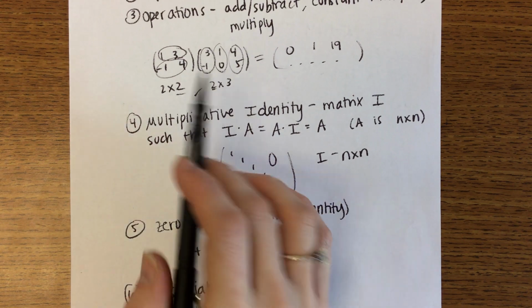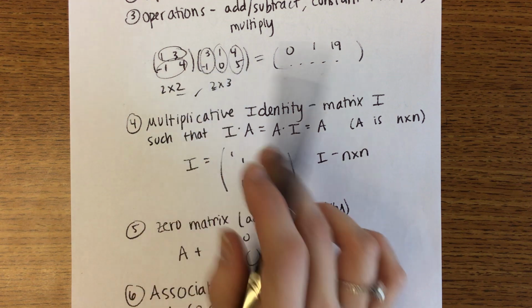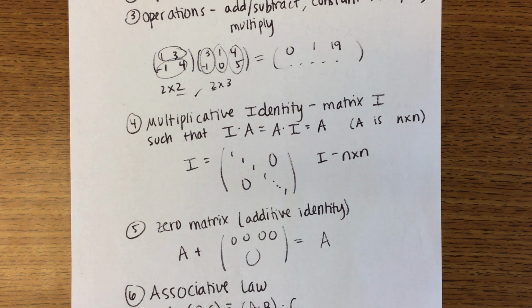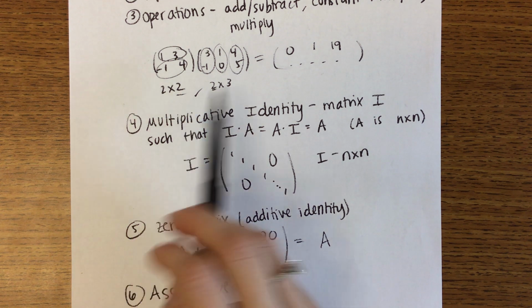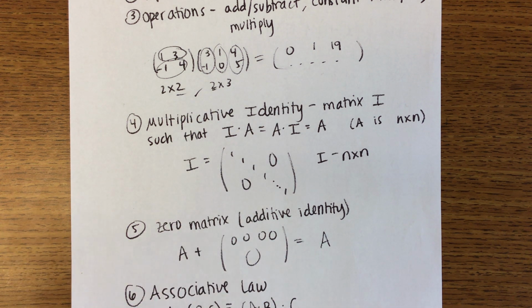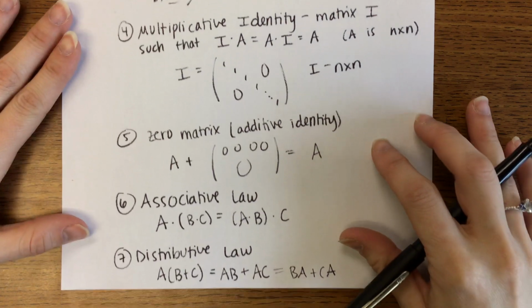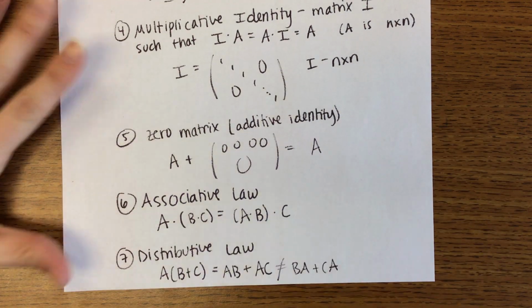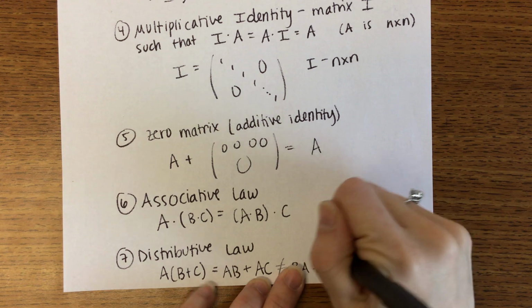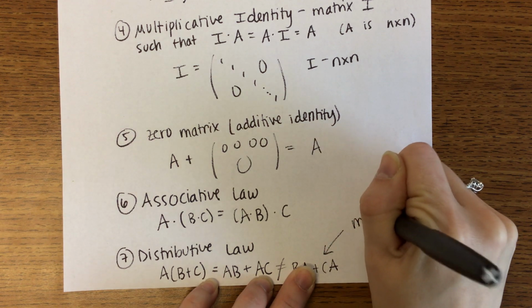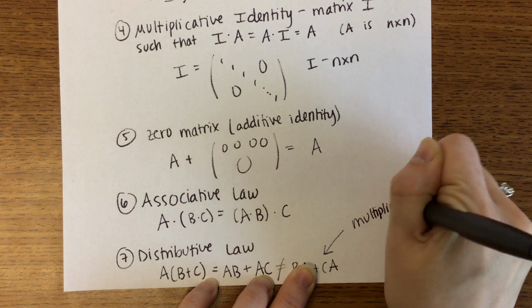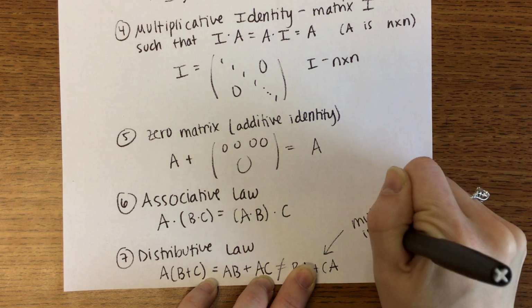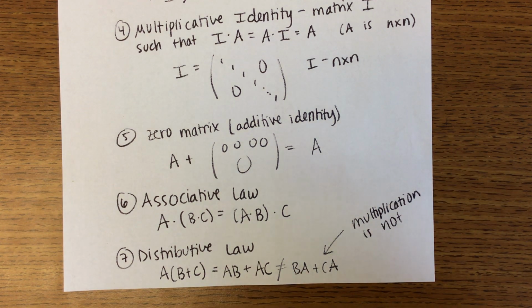Think of these two matrices up here that we multiplied. Would we get the same answer if we flipped the order? If you flip the order, you wouldn't be able to multiply, right? You would have a 2 by 3 and then a 2 by 2. Inside numbers don't match. Okay, so this is not the same. So to remind you, that means multiplication of matrices is not what? Commutative.